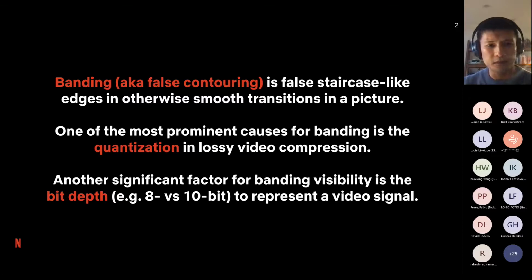Another significant factor that could affect the visibility of banding is the bit depth representation of the video signal. In the most typical case, we use 8-bit, but more high-end encoding uses 10-bit, and one of the major motivations is to eliminate this kind of artifact.